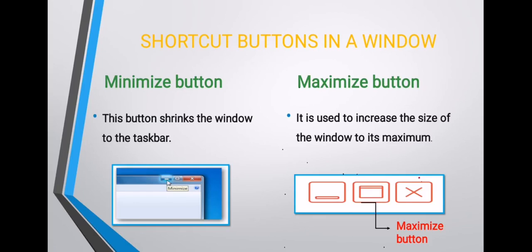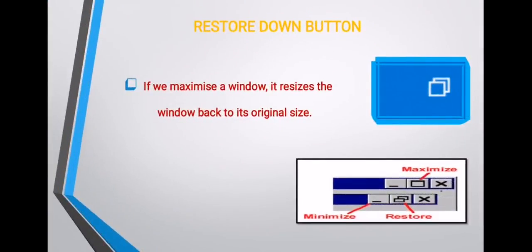You can see the picture now on the screen. Minimize is that small icon, which we call the minimize button, and maximize is the bigger one, which is used to increase the size of the window, and minimize means shrink the window. What is the restore down button?